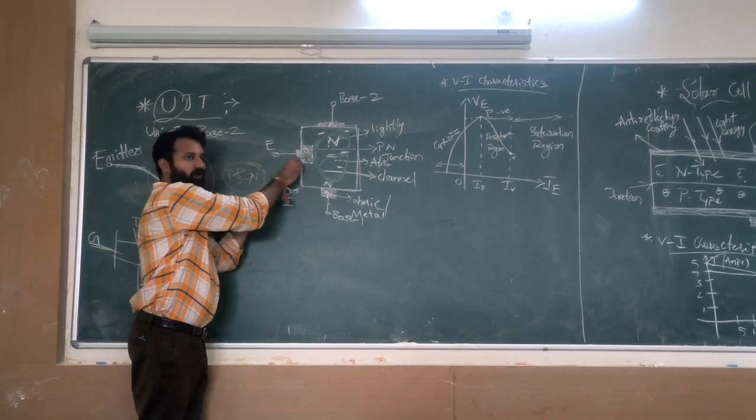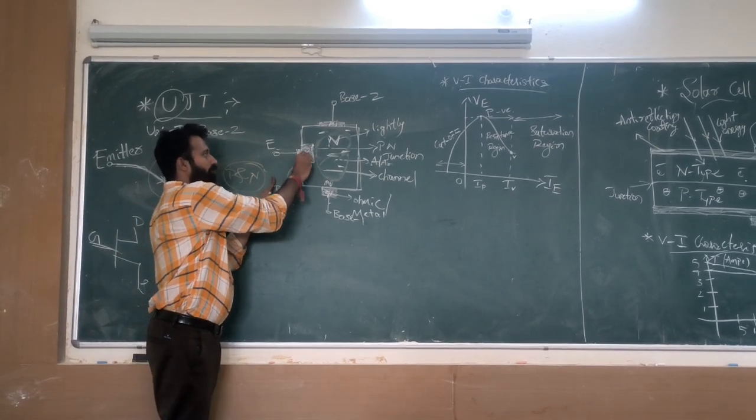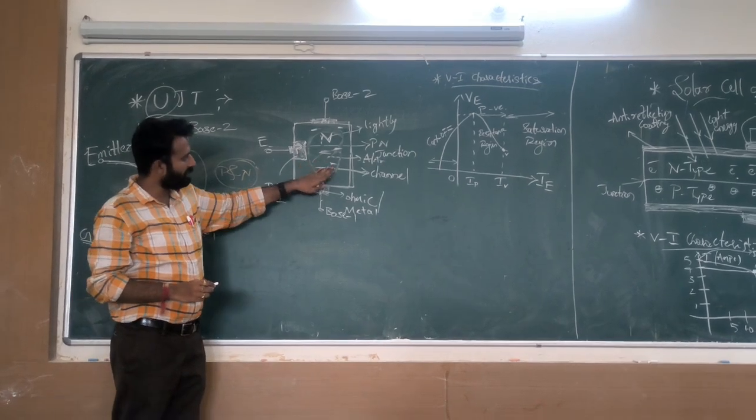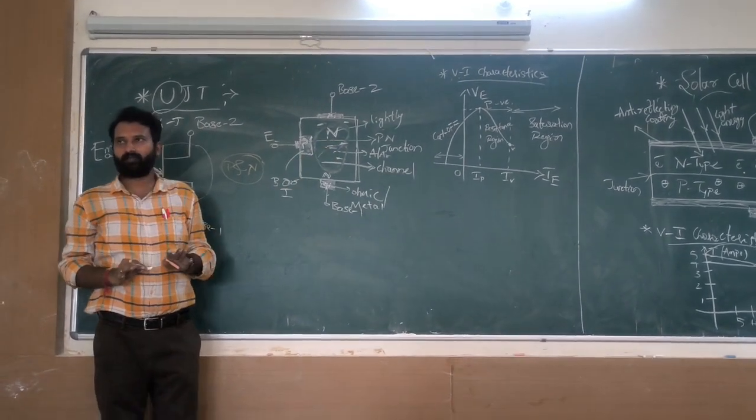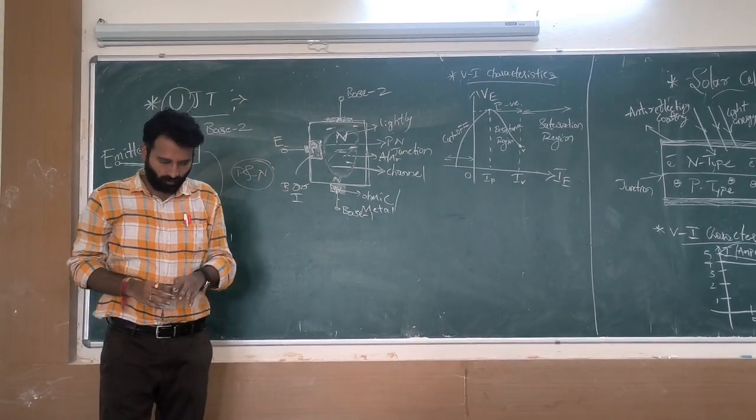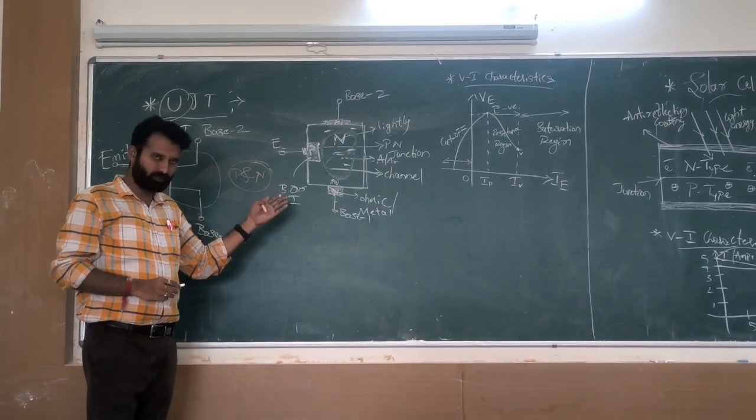The emitter is connected to P type. And the channel is made of electrons. Understandable? Yes, sir.